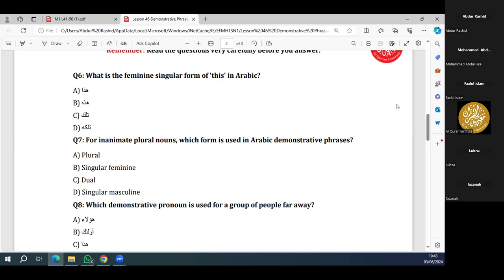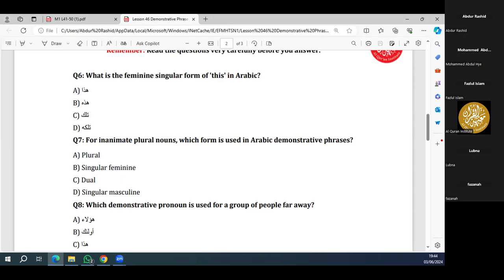Question number 7. For inanimate plural nouns, which form is used in Arabic demonstrative phrases?